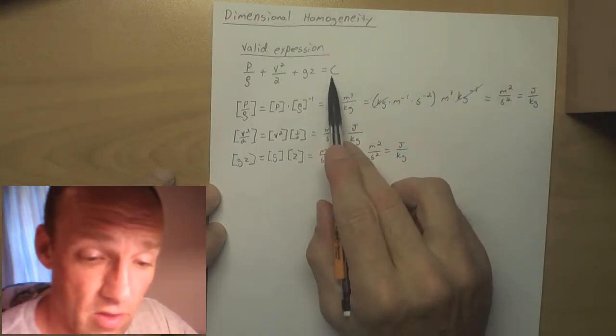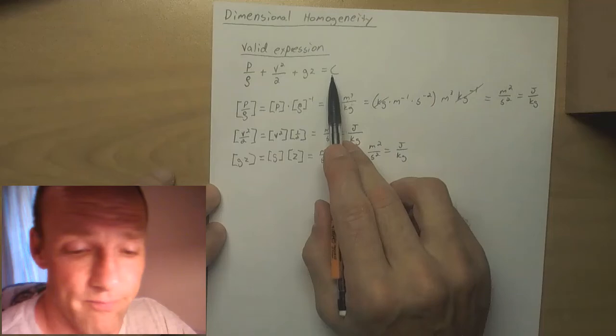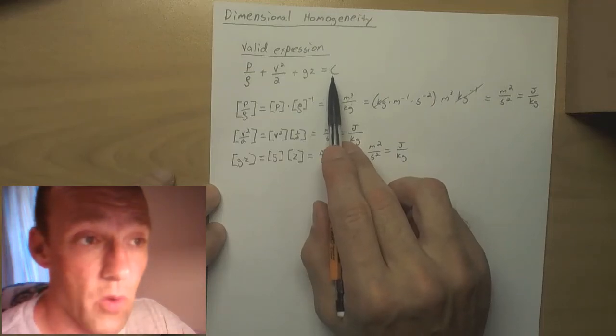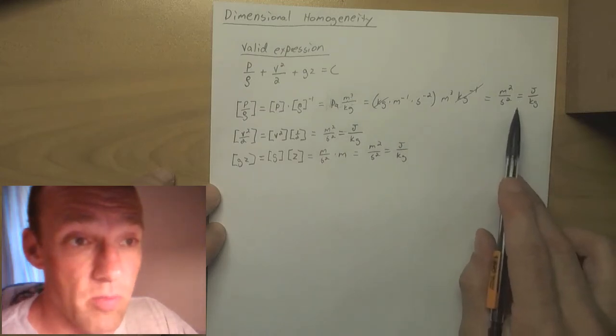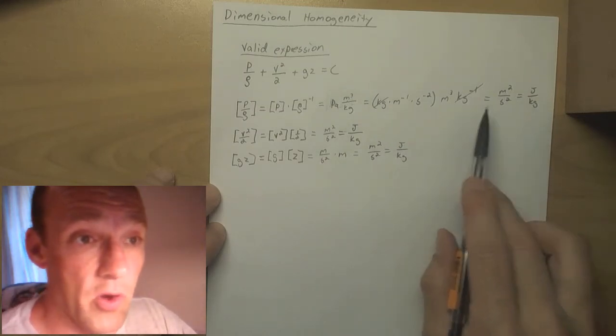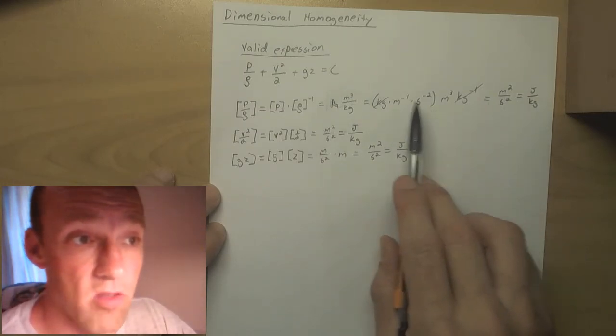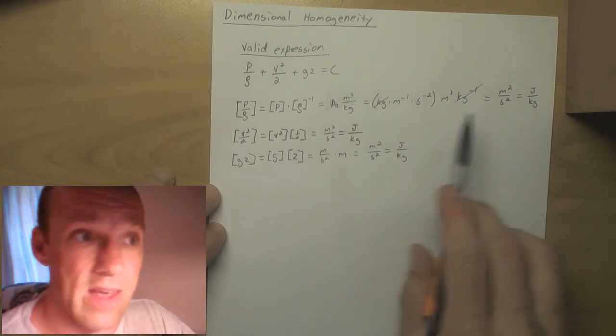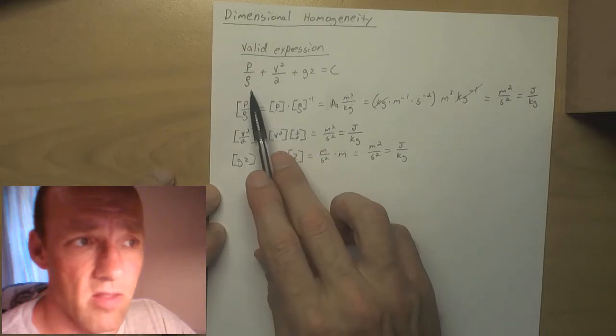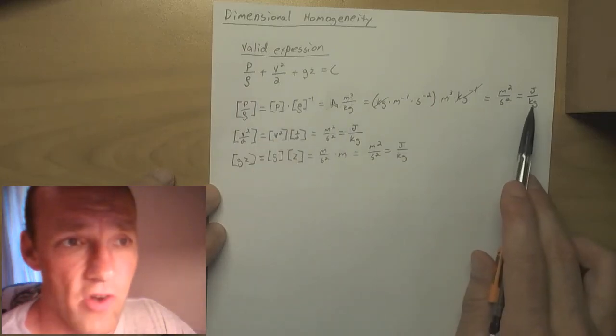And so this constant, this c, you don't know much about it, but you do know that its units must be energy per unit mass, or speed squared, or however the best way to interpret this is. In this context, it makes sense to interpret this as energy per unit mass.